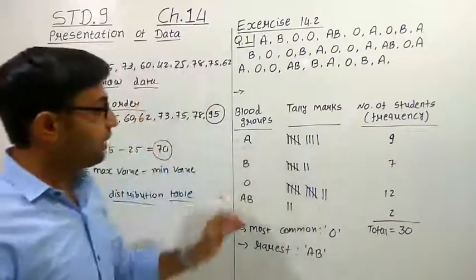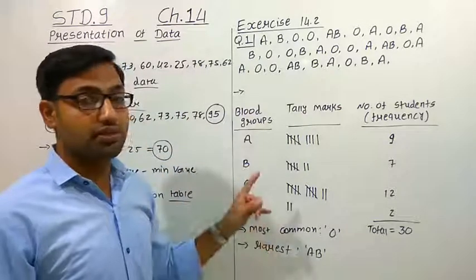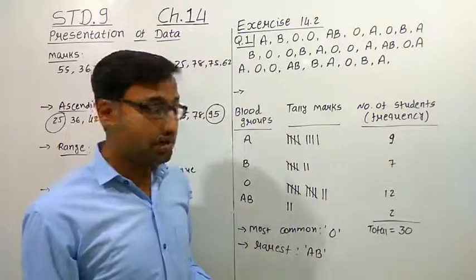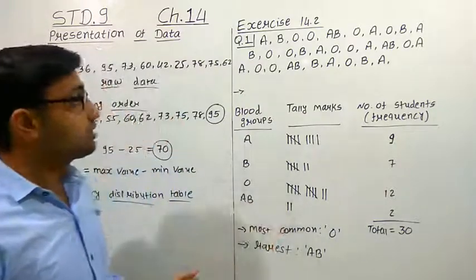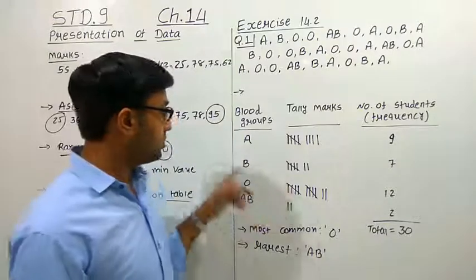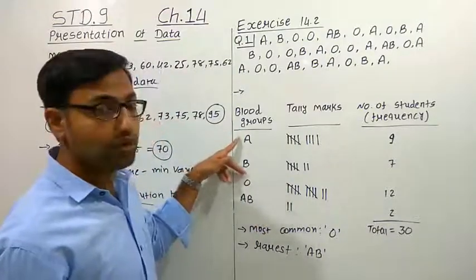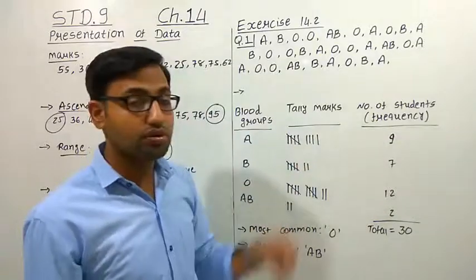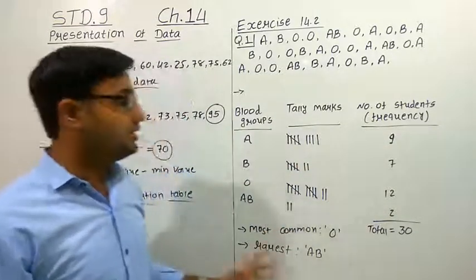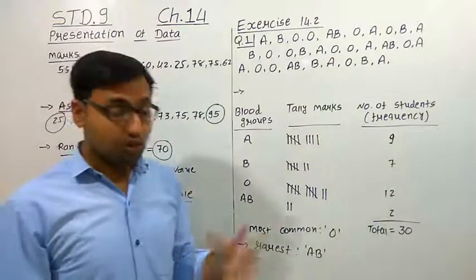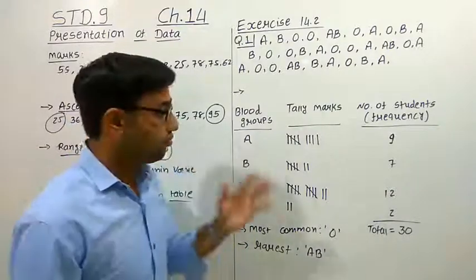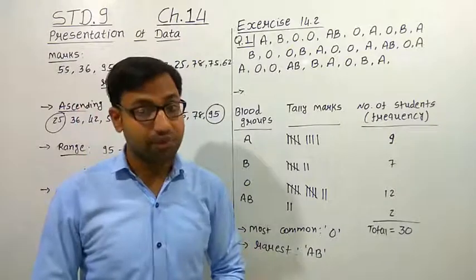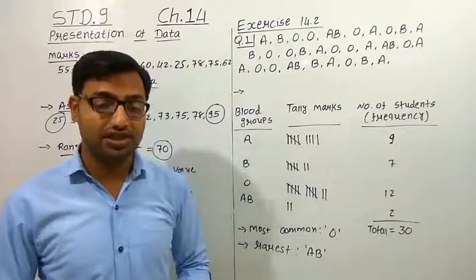But if we prepare this frequency distribution table once, it is easy to answer the question, right? Some questions also ask for the number of students which have A and B, both blood groups. Then you can directly add these numbers, 9 plus 7 is equal to 16. So it is easy to fetch information from this kind of frequency distribution table. Okay, so this is all about this lecture.